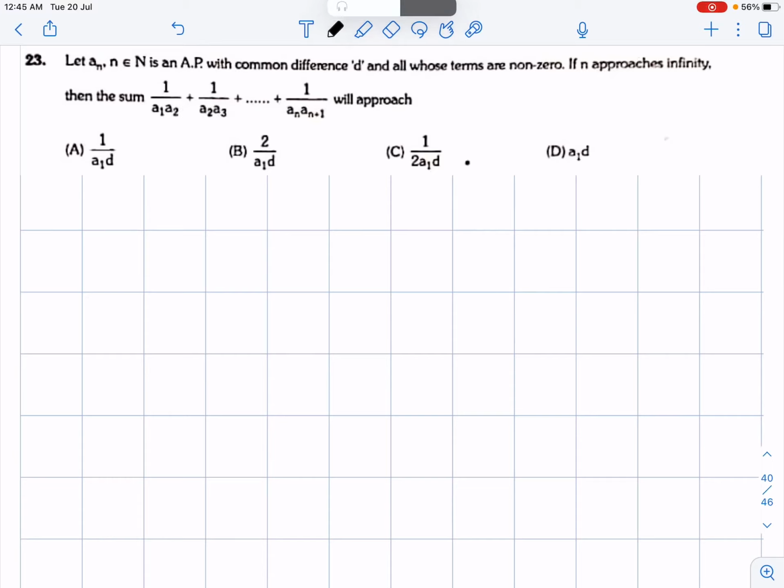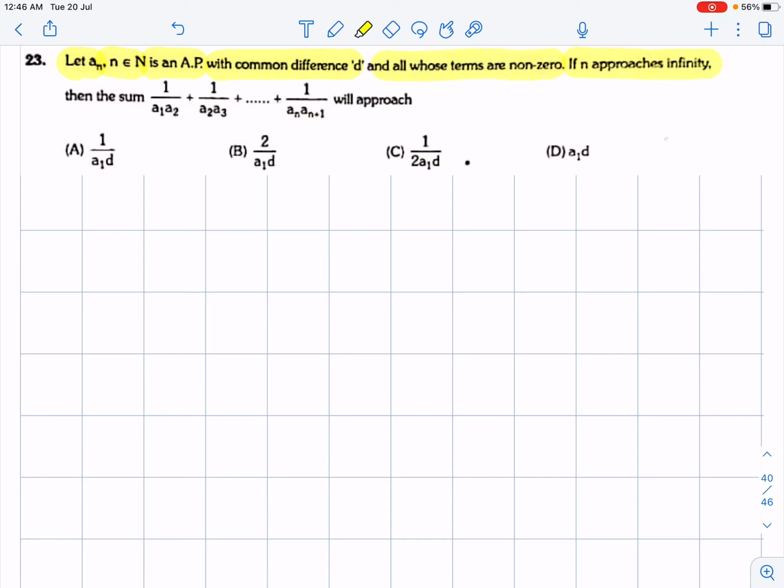So continuing our problem solving series in sequences and series, here I came up with the 23rd question written on the screen. And what is the problem statement of the question given to us? Let a_n, n belongs to natural numbers, be an AP with common difference D, all of whose terms are non-zero.